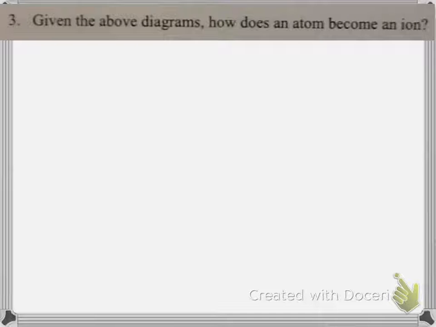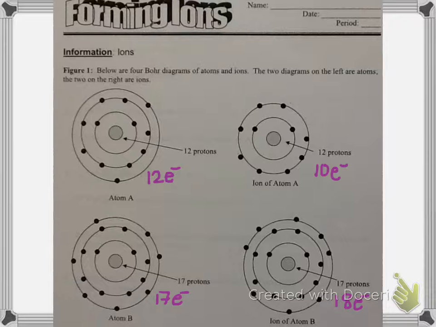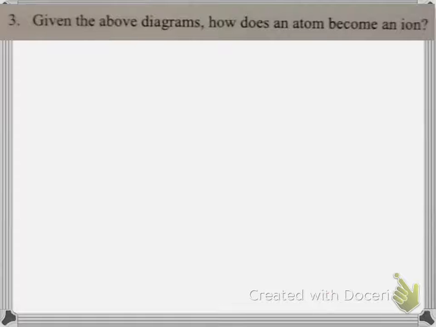Question number 3. Given the above diagrams, how does an atom become an ion? So notice, for atom A to become an ion, it lost 2 electrons. And for atom B to become an ion, it gained 1 electron. So how does an atom become an ion?